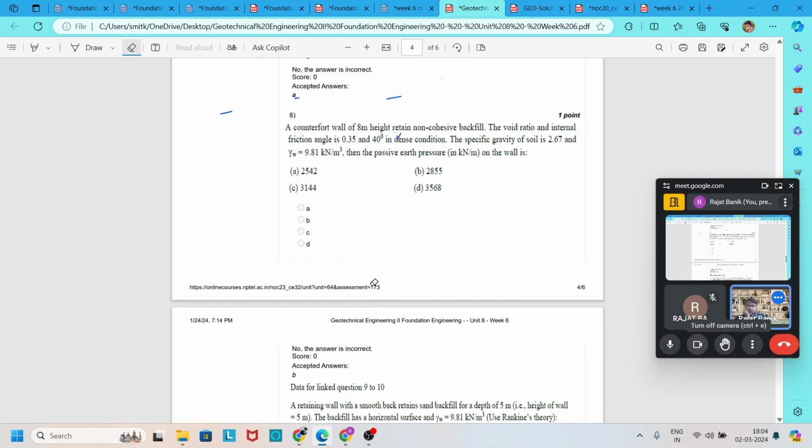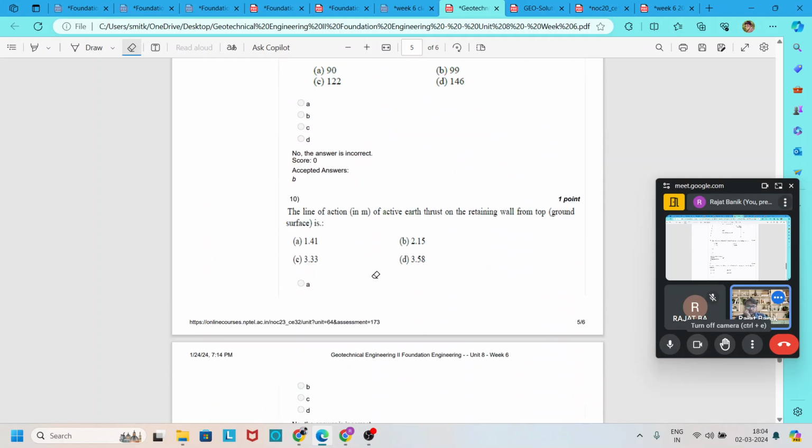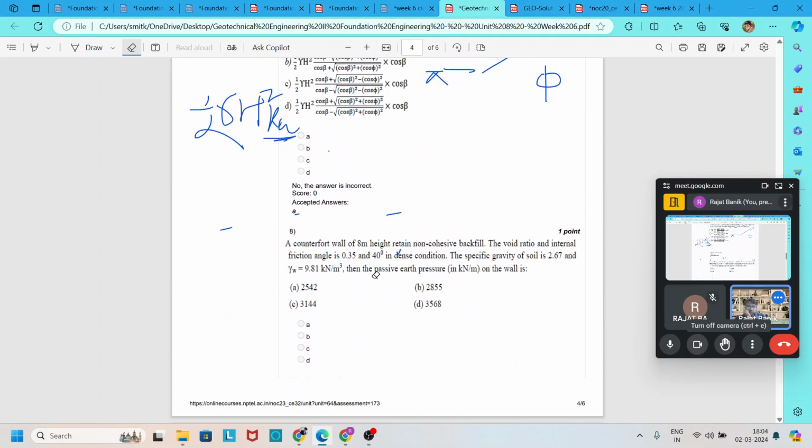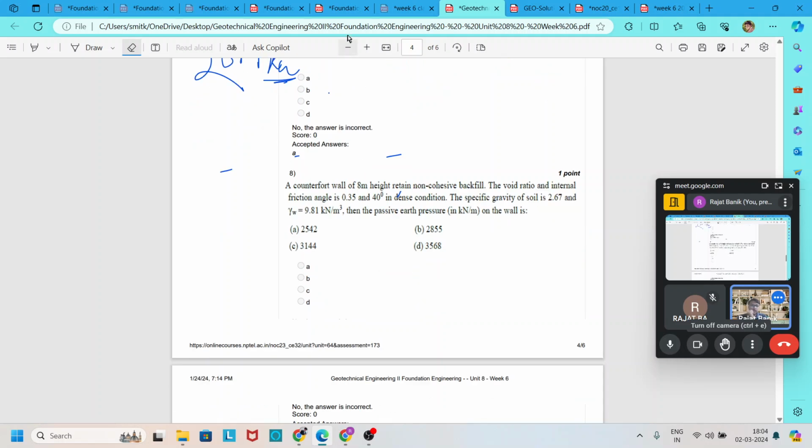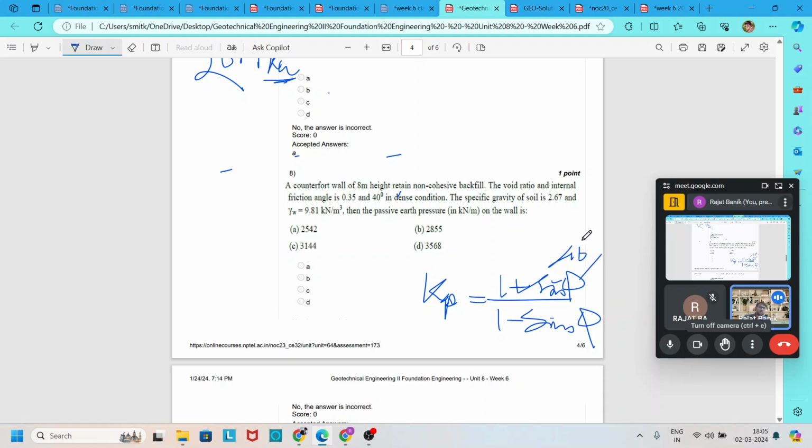We know that the passive earth pressure coefficient Kp is equal to 1 plus sine phi divided by 1 minus sine phi. Put the value 40 degrees in place of phi and get Kp first.